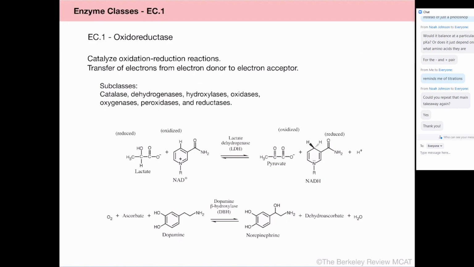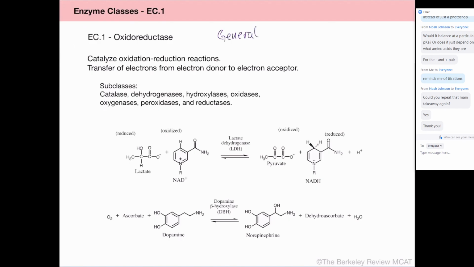So the 6 enzyme classes are oxidoreductase, which catalyzes oxidation-reduction reactions, right? So you transfer electrons from a donor to an acceptor. I can actually draw out the general reaction.